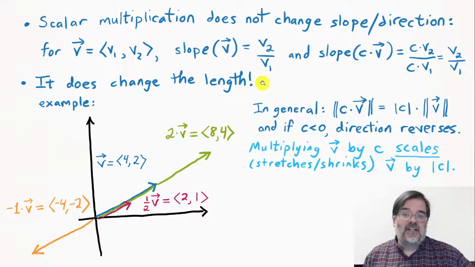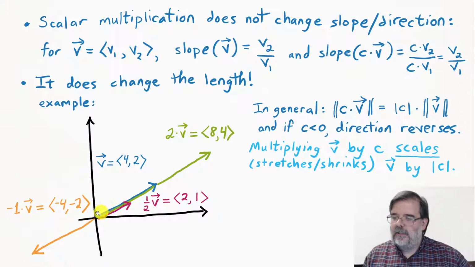However, it does change the length. So, for example, here's a vector v, the vector ⟨4, 2⟩. I've drawn that in blue right here. If I take the vector ⟨4, 2⟩ and multiply it by 2, 2 times v is ⟨8, 4⟩.